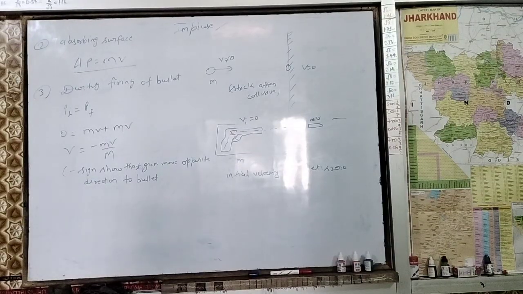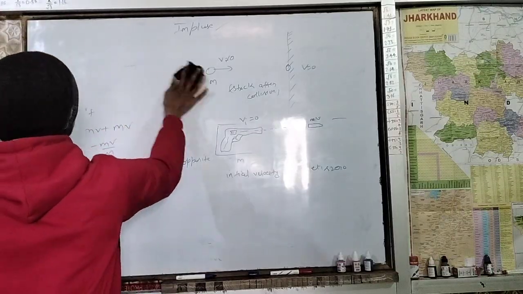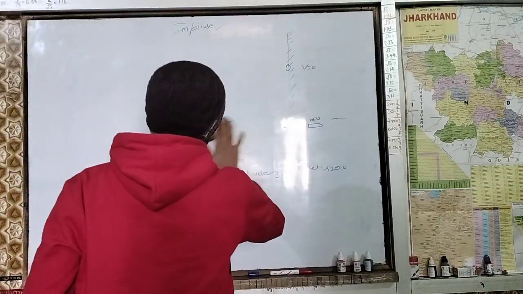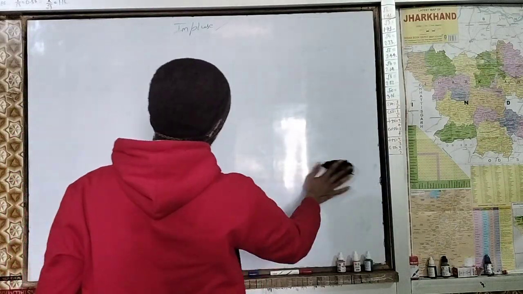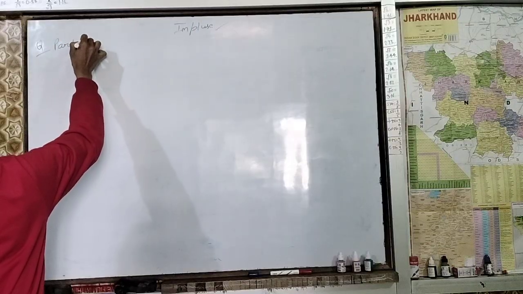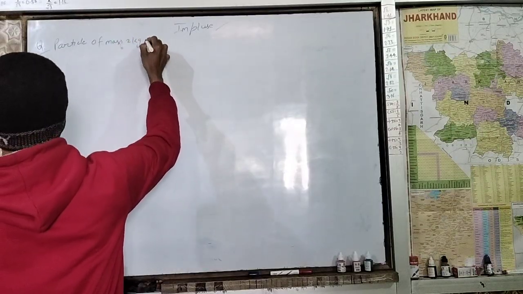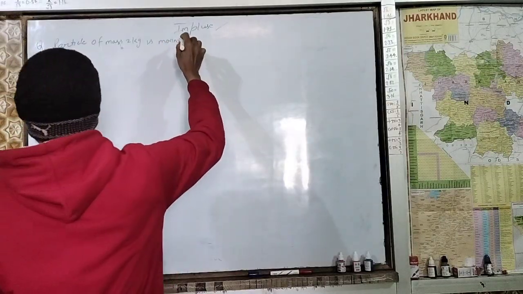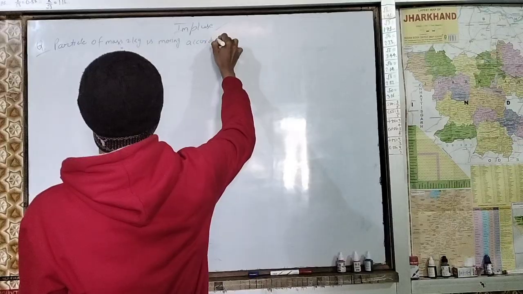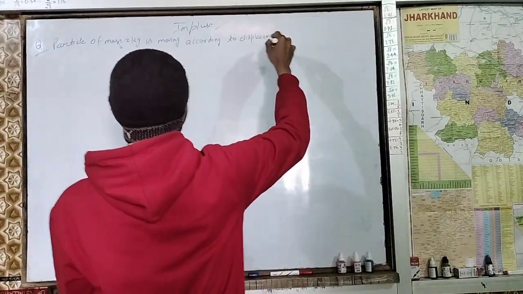Now next question. A particle of mass 2 kg is moving according to displacement time function.